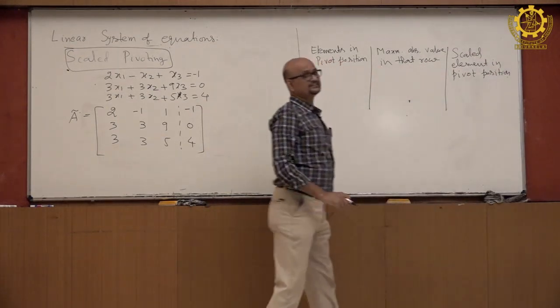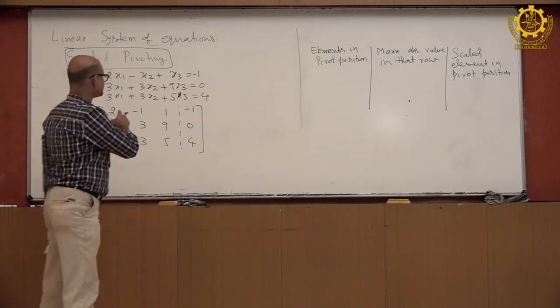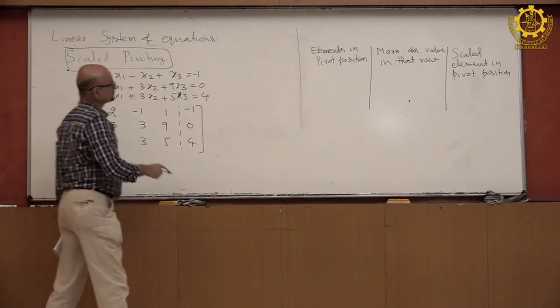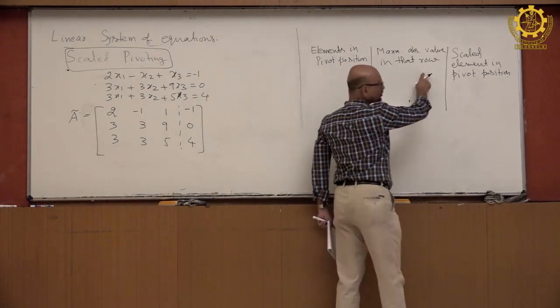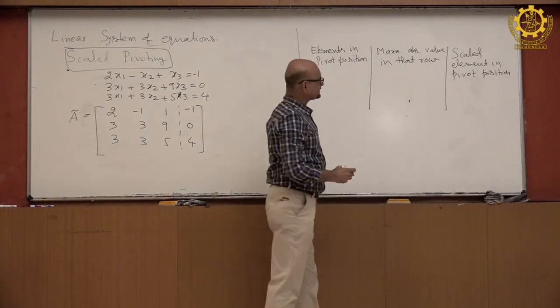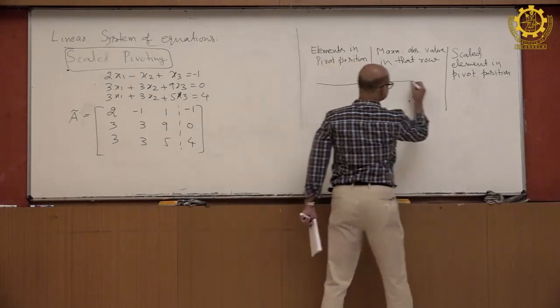So, these are the three things I need for this system. Okay? So, elements in pivot position, maximum absolute value in that row, scaled element in pivot position.